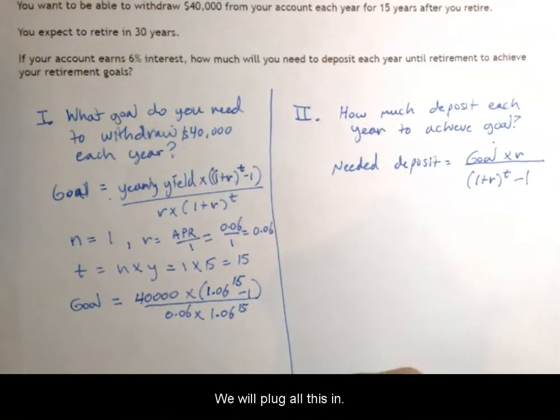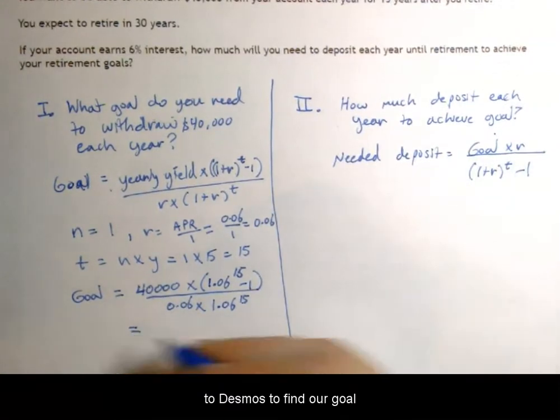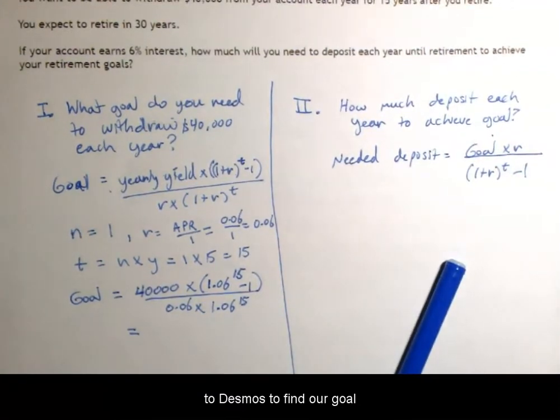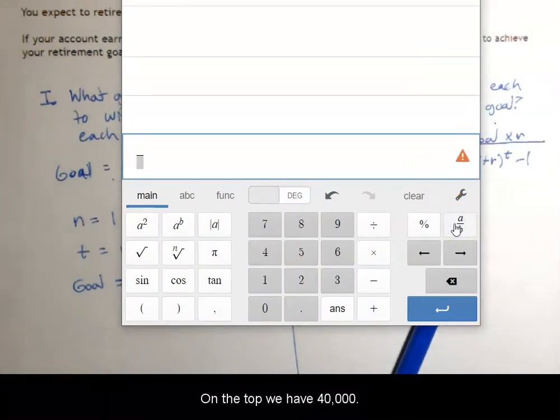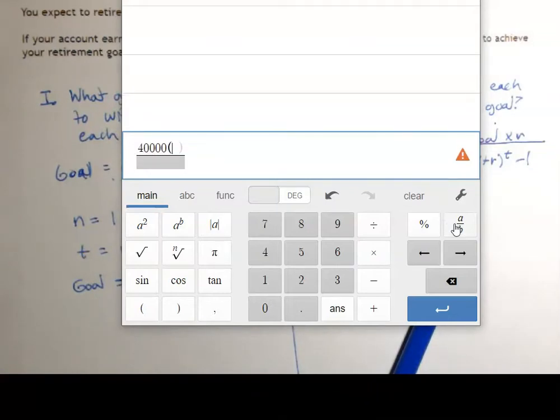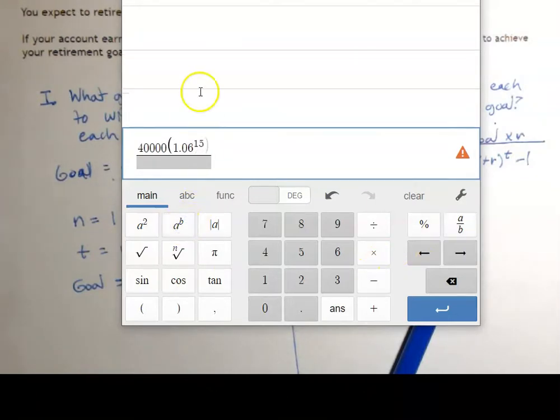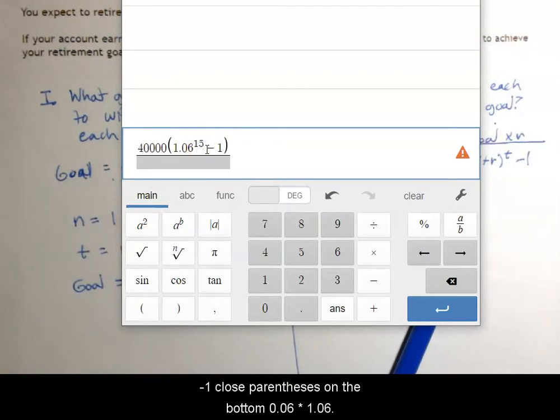So we'll plug all this into Desmos to find our goal. So we have a fraction. On the top, we have 40,000 times 1.06 in parentheses, exponent 15, click outside the exponent, minus 1, close parentheses.